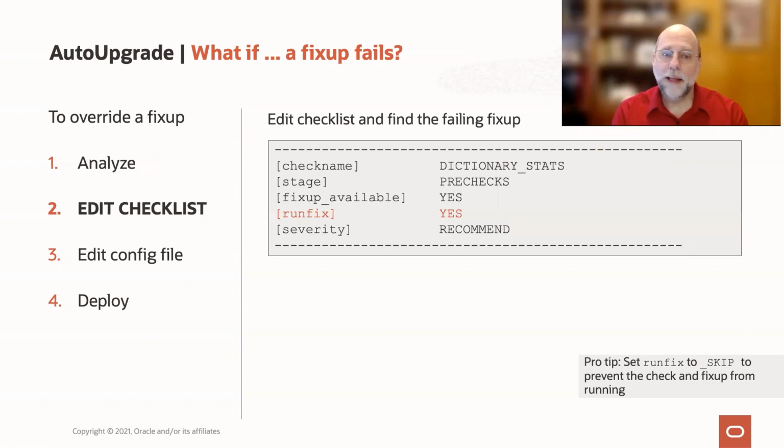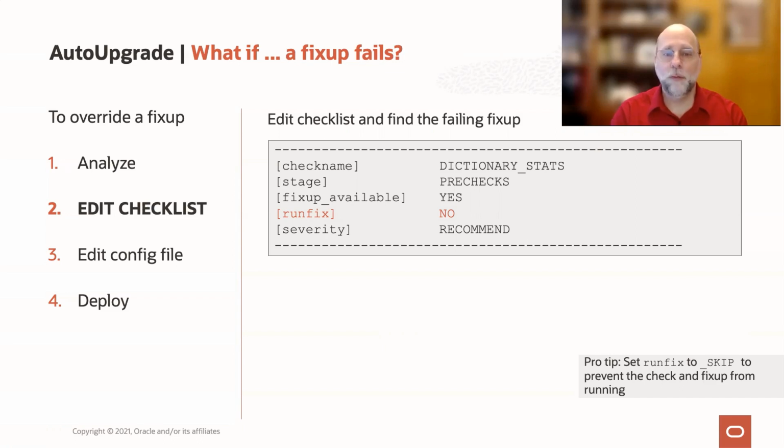You can then edit that, and you could change the run fix line for that particular fix-up to be no, and that would prevent that fix from running. But even more, as you see in the pro tip at the bottom of the screen, if you set run fix to be skip, then not only will the fix-up not run, but we won't bother running the check.